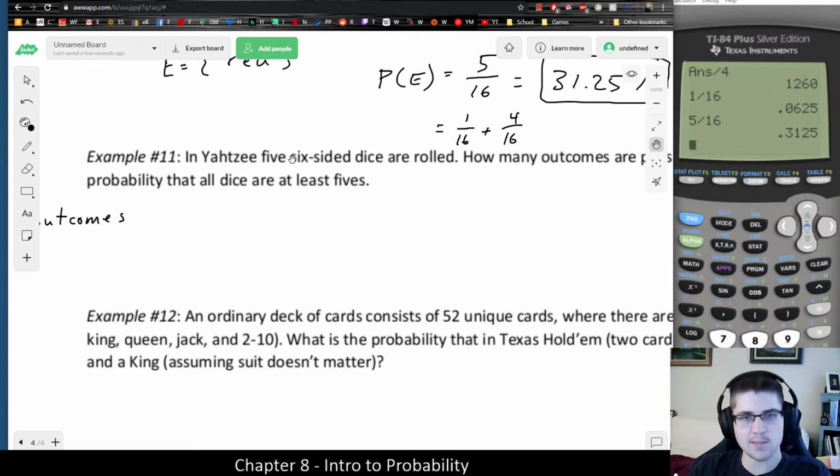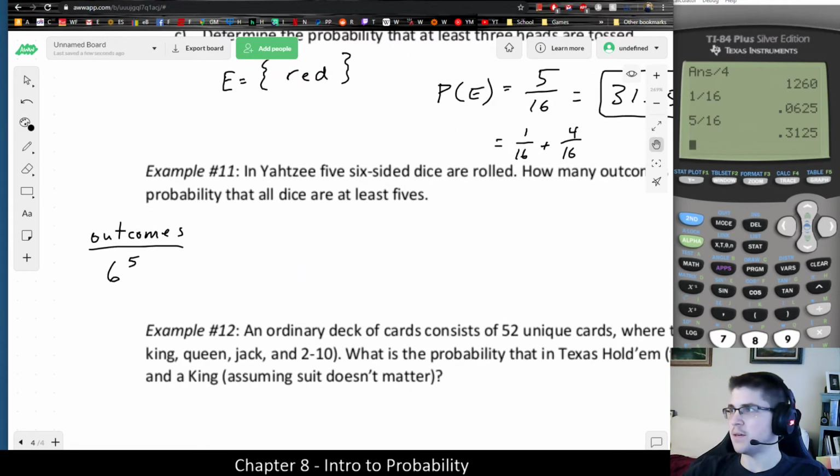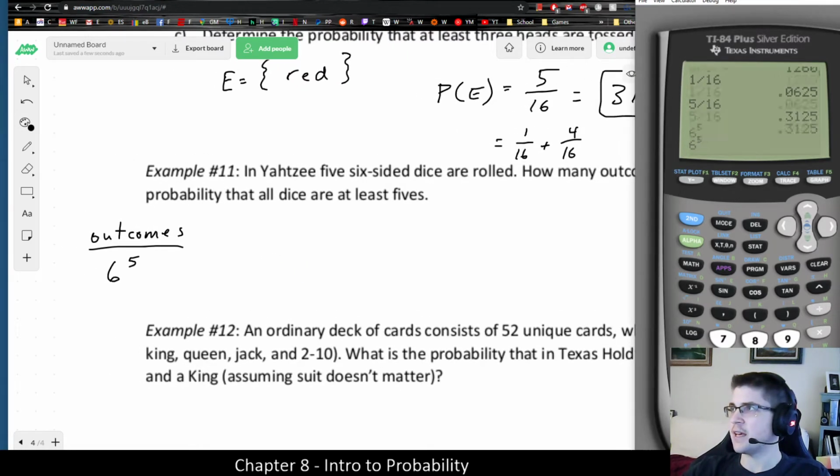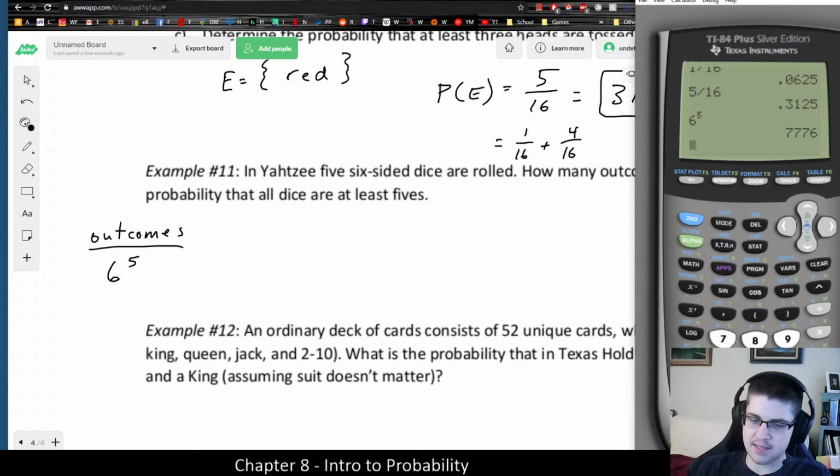There's no replacement. It's not really a permutation question, because each die is a unique object. But basically, it's going to be 6 to the fifth power for the number of outcomes by the fundamental counting principle.